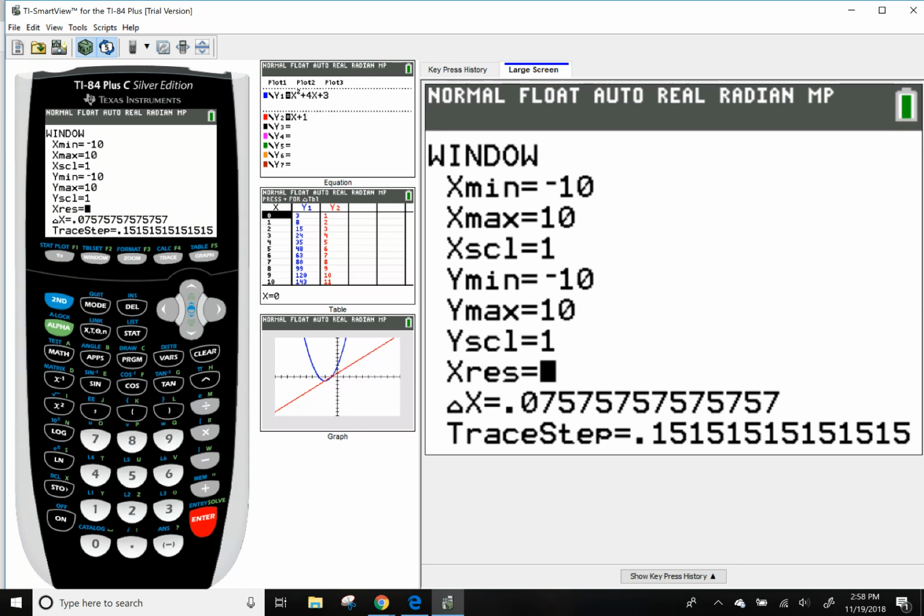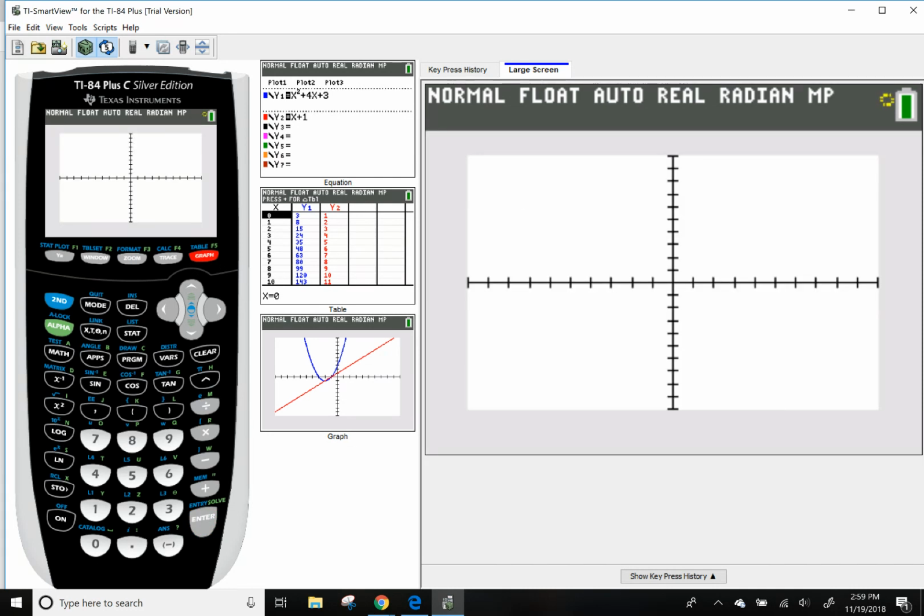All right, so -10, 10, 1, just like it is on my screen. I'm going to go back to graph now that that's readjusted, and you can see it's reshaped my window so I can get a slightly better look at my system. So there's the first equation, a quadratic, and here's the second. So it's kind of tight.